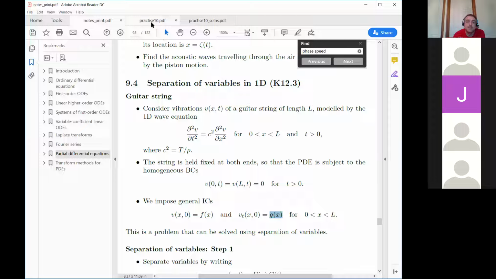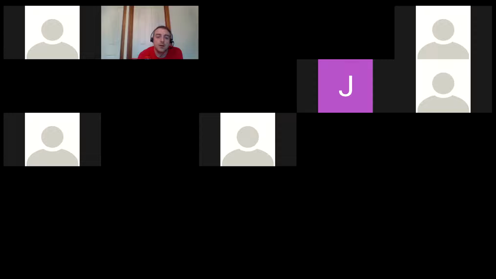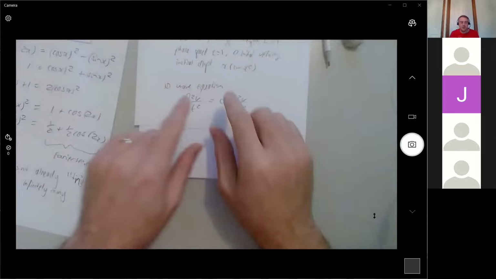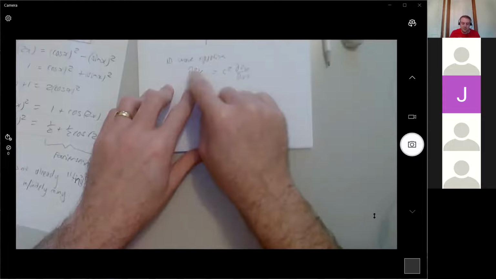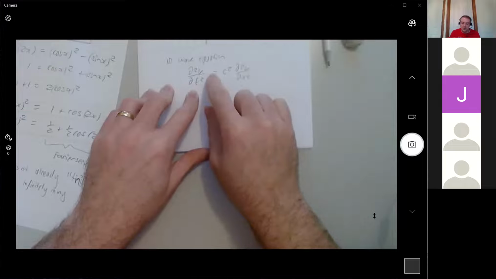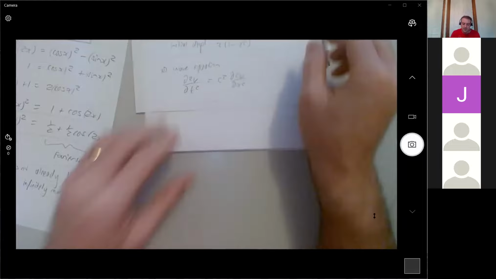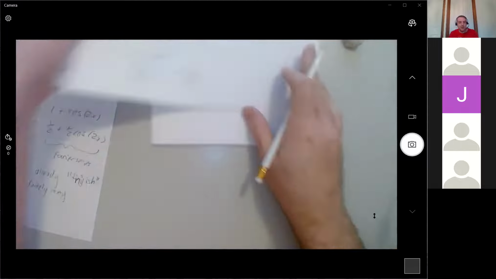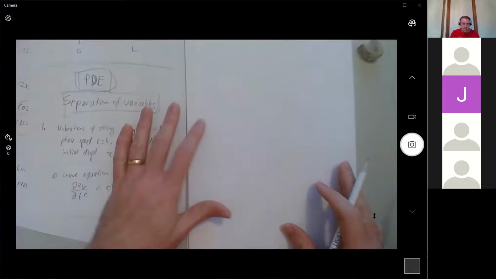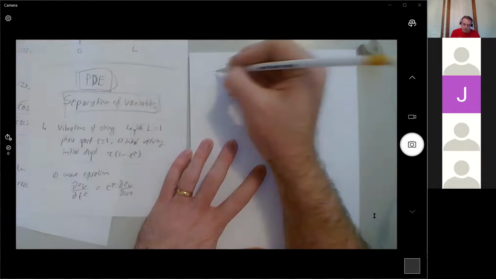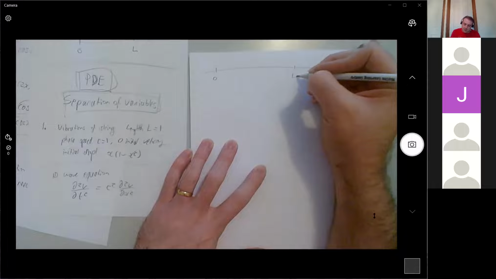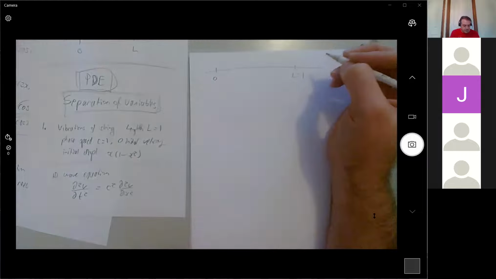Okay, that's the one-dimensional wave equation. Curly d squared v over d squared t is equal to c squared curly d squared v over dx squared. And I think that what we're imagining here is that our string goes from 0 to L, which is 1 in our case for this question.